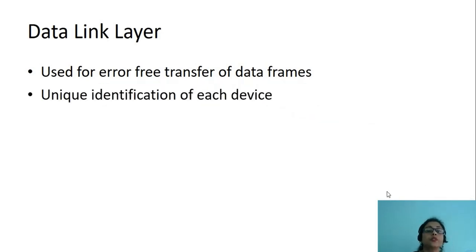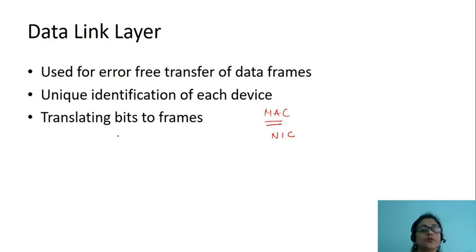It is also responsible for unique identification of each device by a proper MAC address. This is the hardware address, which is also called the NIC or Network Interface Card, that resides inside the computer, and it is given by the manufacturer.